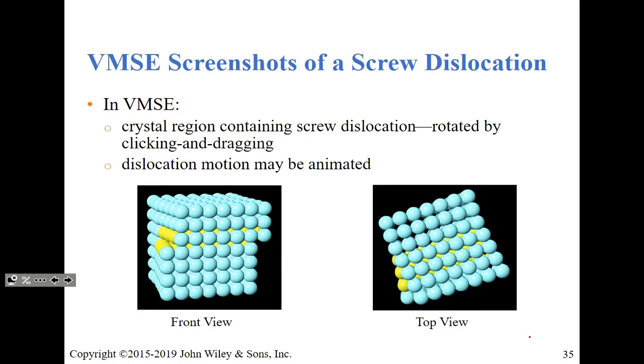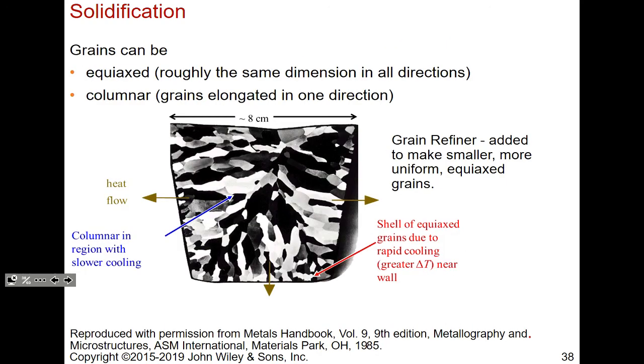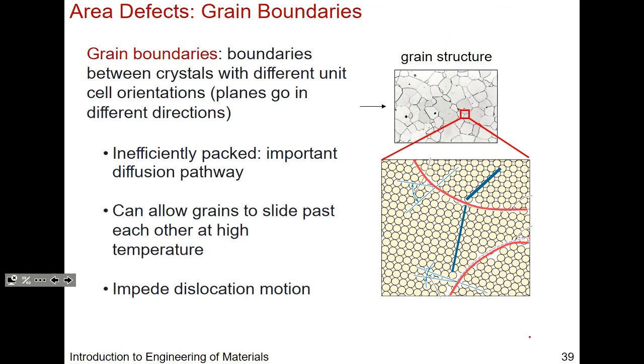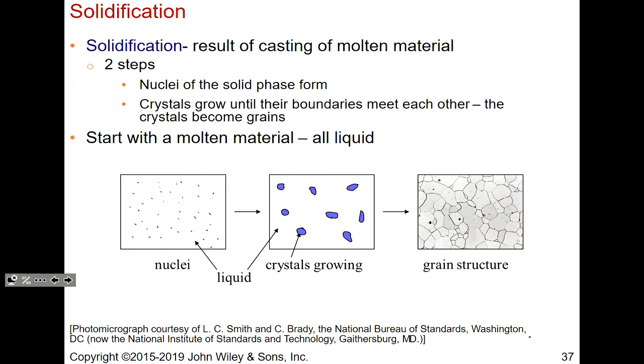Let me get to area defects. What you typically see, and the materials you'll typically work with, have these grains, right? So you could see here that in this particular material, these are grains, and they are touching each other.